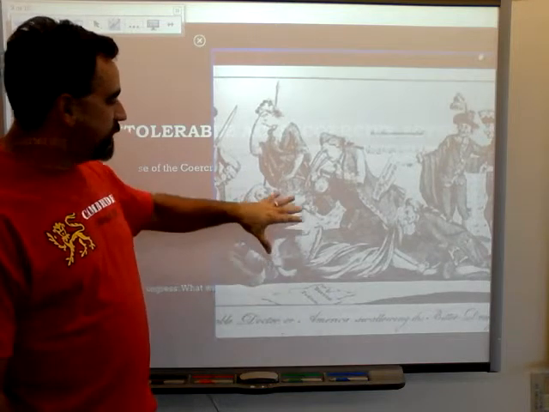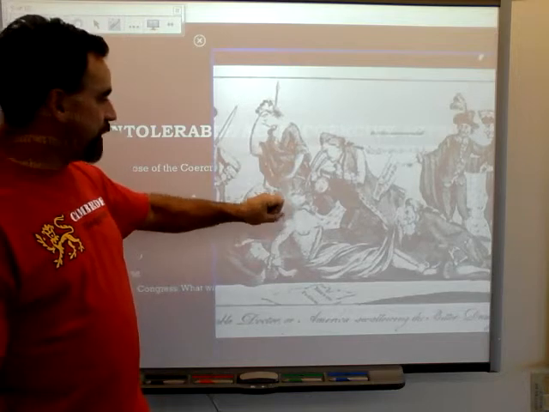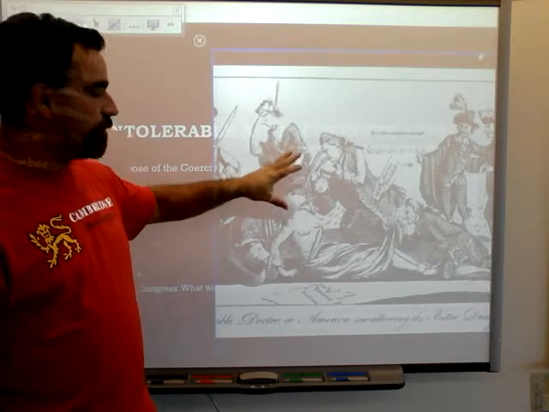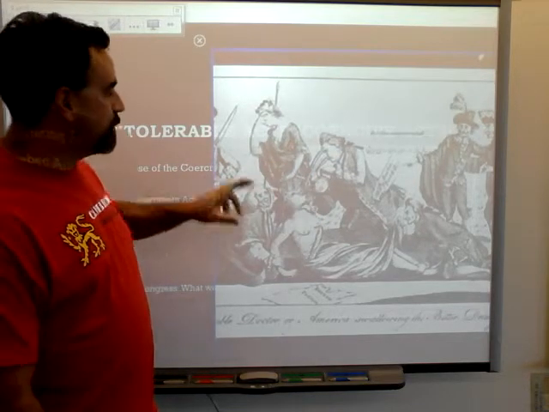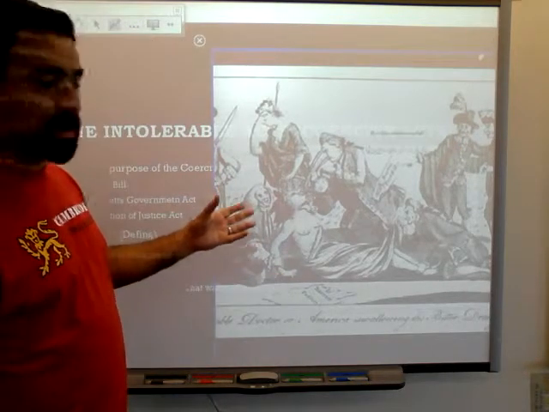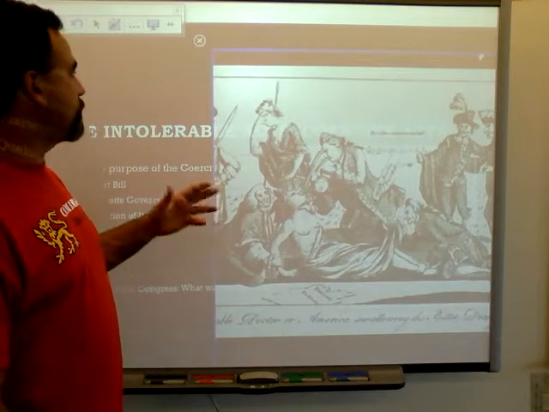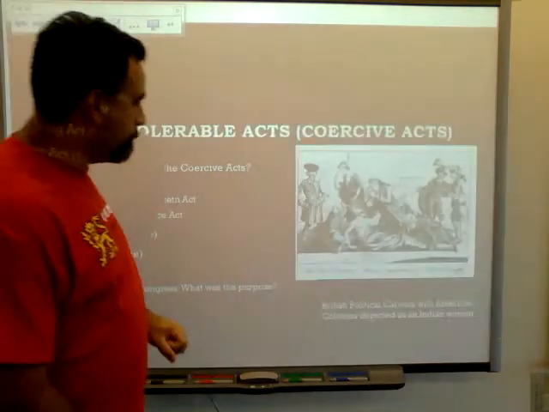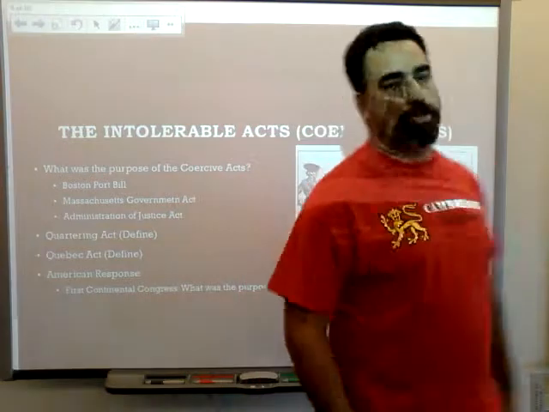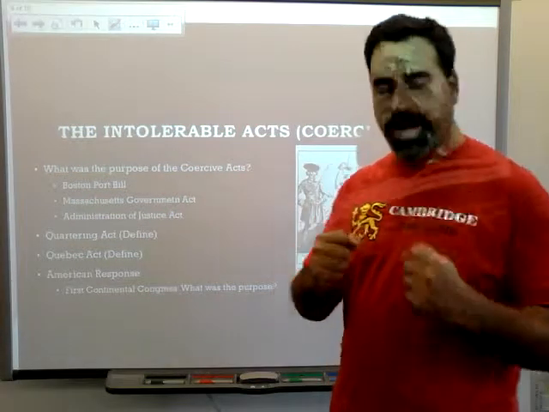And of course, he's dumping tea down the throat, but it's not actually tea, it's the intolerable acts down the throats of the American colonists. Now this seems to harken back to that tarring and feathering picture that we just saw earlier. Either way, these coercive acts were known in the American colonies as the intolerable acts.